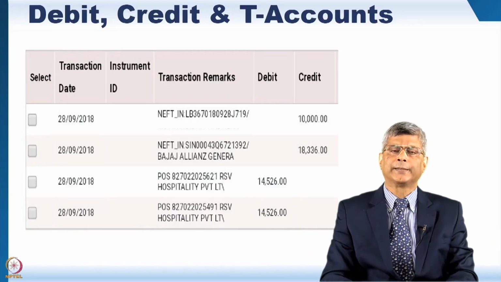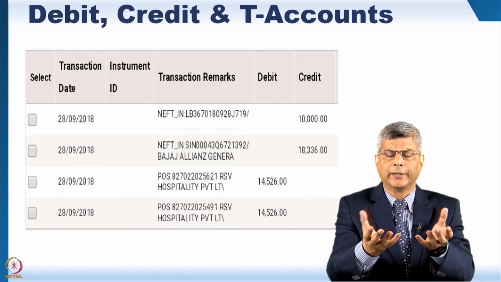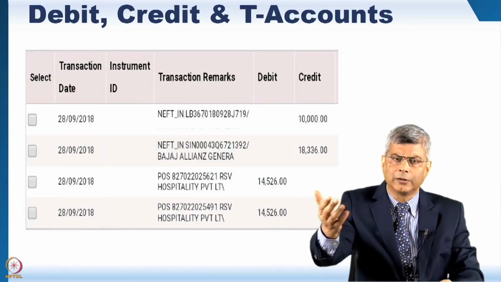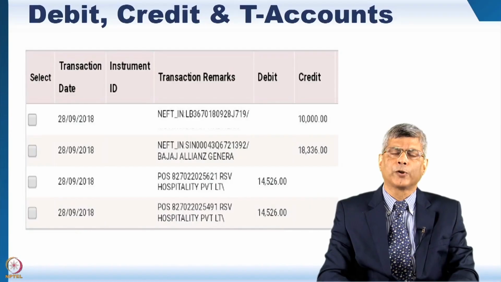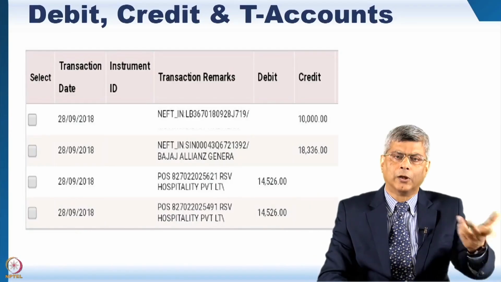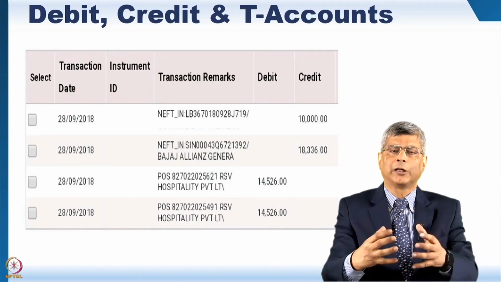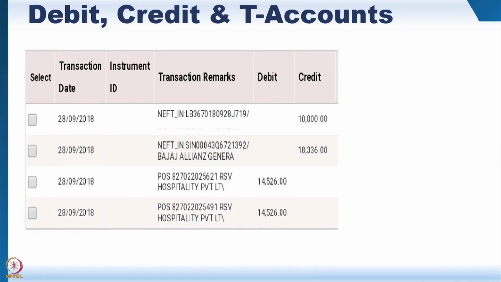So what has happened is source documents, individual transactions, be it in your own life, salary coming in or interest coming in, or you are paying a restaurant or buying a ticket, those are all getting summarized into this statement, a T account statement.